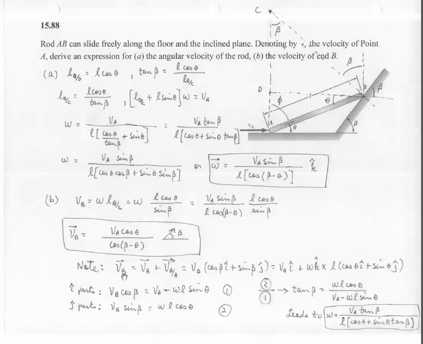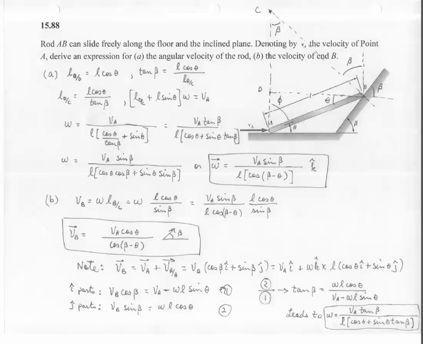If you look at the i parts of this equation, V sub B cosine beta right here, and then V sub A right there, and over here it's going to be the k crossed into j to give me a negative i, so I'm going to have omega L sine theta with a minus sign. Then the other one's going to be V sub B sine beta, and here this is going to give us a positive contribution, so we're going to have omega L cosine theta.